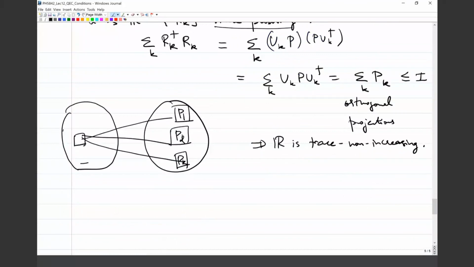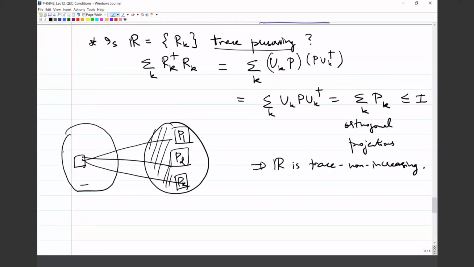The 3-qubit bit flip code or the 3-qubit phase flip code was a perfect partitioning of the encoded space. In some other cases, like the Shor code, it will not be a perfect partitioning of the encoded space. There will be some leftover space in this encoded Hilbert space, in which case the map will be trace non-increasing. And as we've seen earlier, trace non-increasing can always be made trace preserving by adding an additional operator, right? So it can always be made trace preserving.